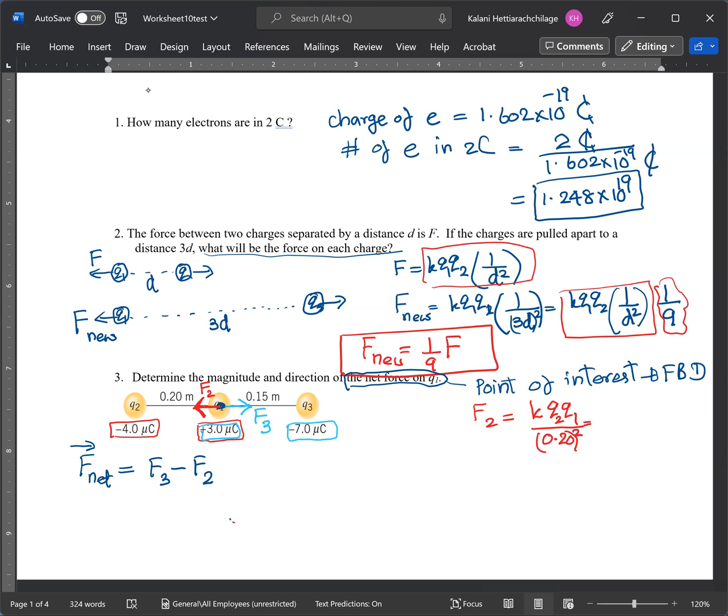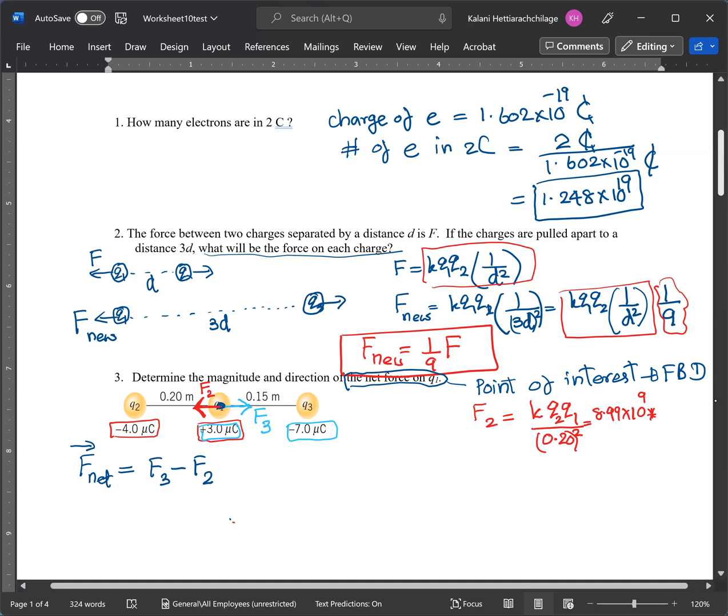This is the Coulomb constant that will be given in your lecture notes, 8.99 times 10 to the power 9, units newton meter squared per coulomb squared. I'm not going to write it since I do not have a lot of space here. And then the next one is my Q1. If you use all SI units, you don't need to write the units inside. Okay, make sure you use SI units.